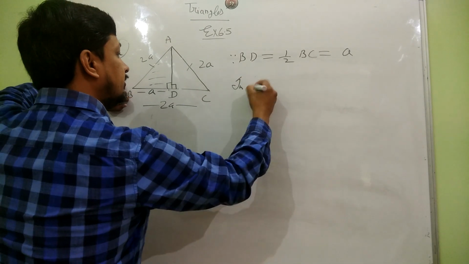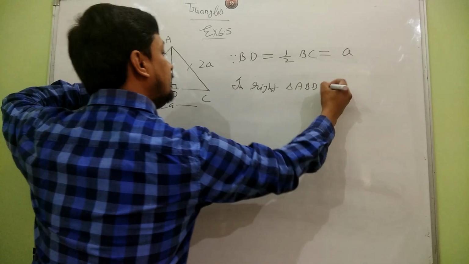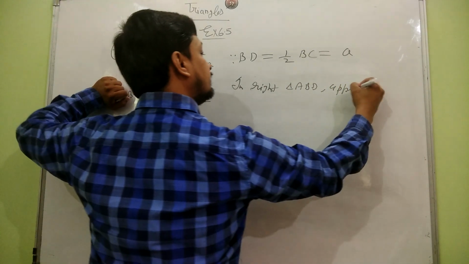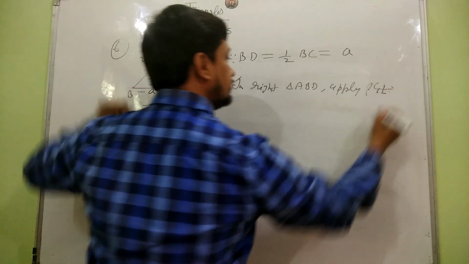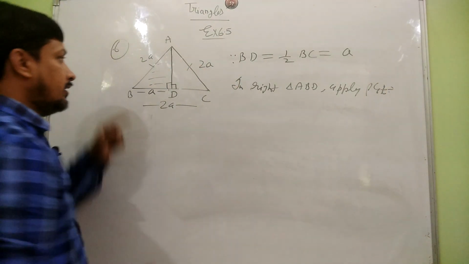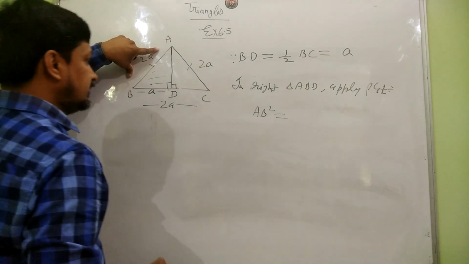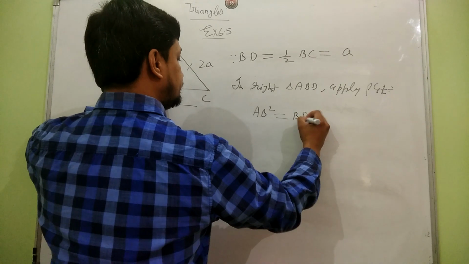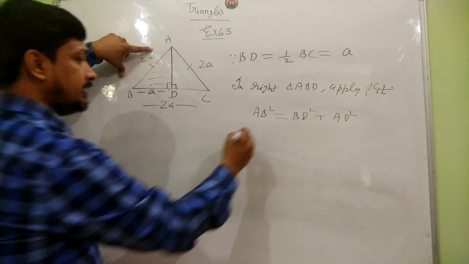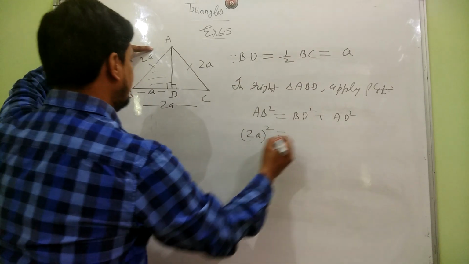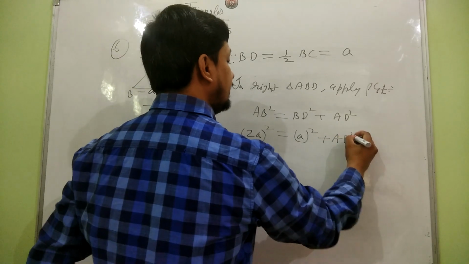In right triangle ABD, apply Pythagoras theorem. AB square, AB is the hypotenuse, the longest side, equals BD square plus AD square. So the measure of AB is 2A and the measure of BD is A, and we have to find AD.